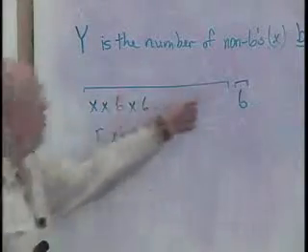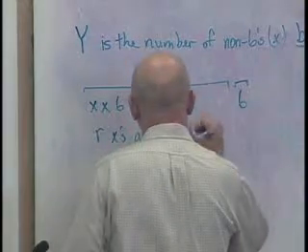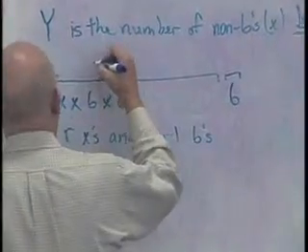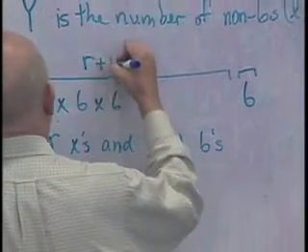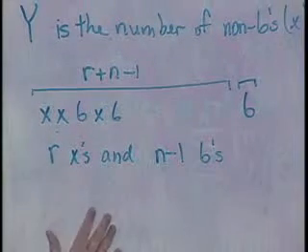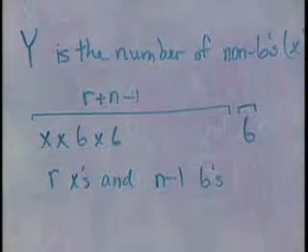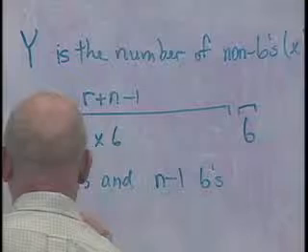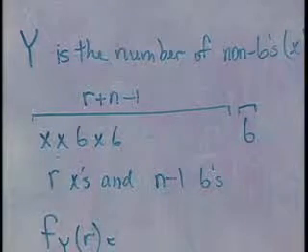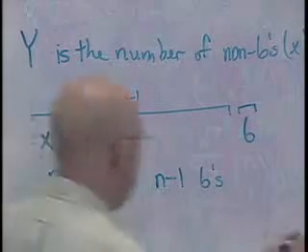And how many 6s are there going to be in here? n minus 1. For a total of r plus n minus 1. Everyone happy so far? Now, let's write down the mass function. I will denote by q the probability for a non-6.